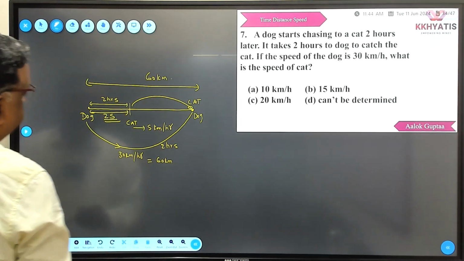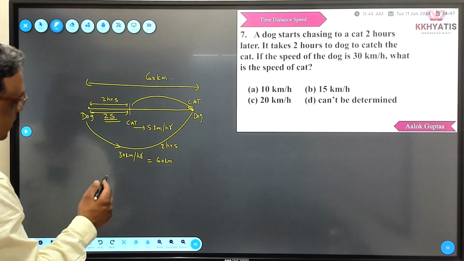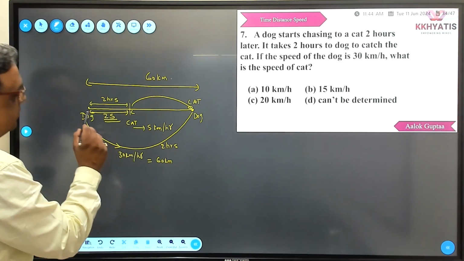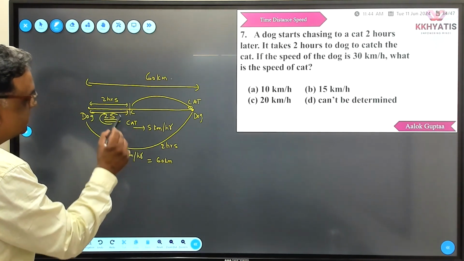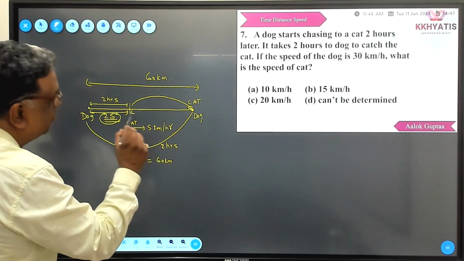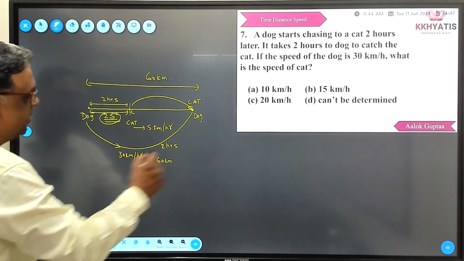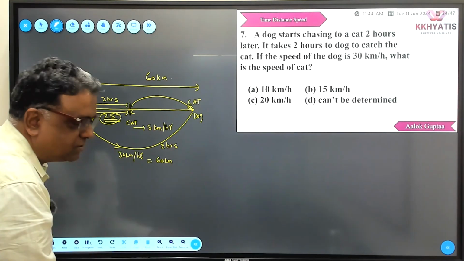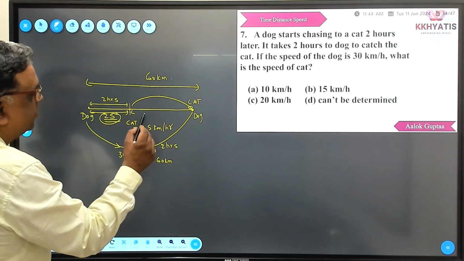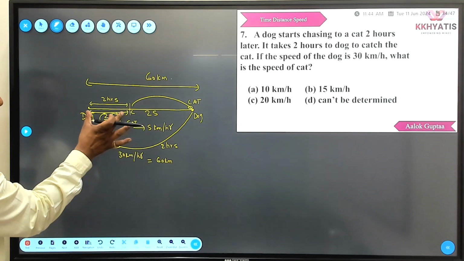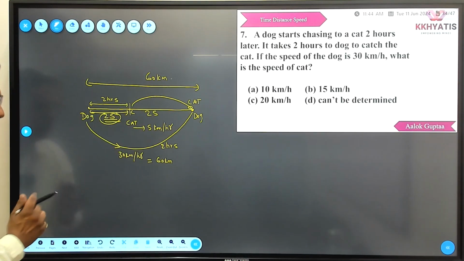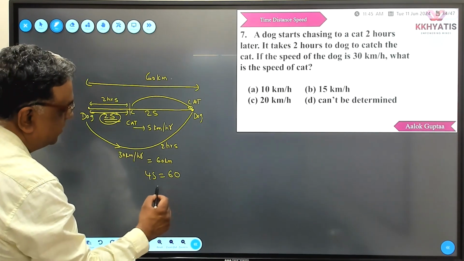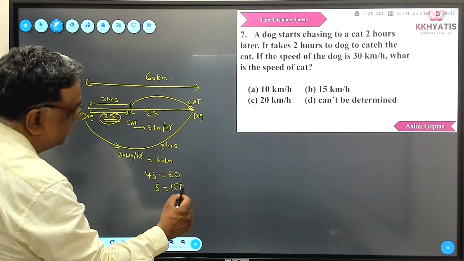So can't we find the speed of the cat as if in 2 hours cat has traveled 2s distance, which means in remaining 2 hours, because total 2 घंटे में उसने पकड़ लिया, तो यहाँ से यहाँ जब ये 2 घंटा भागा होगा कुत्ता, तो यहाँ से यहाँ वो भी 2 घंटा चली होगी, तो यहाँ भी उसने 2s डिस्टेंस ही कवर किया होगा, बिकॉज यहाँ पर 2 आवर्स में 2s किया, तो यहाँ भी 2 आवर्स में 2s करेंगे, तो टोटल ये 4s डिस्टेंस है, जिसकी वैल्यू अपने को 60 मालूम है, तो speed of the cat must be 15 kilometers per hour.